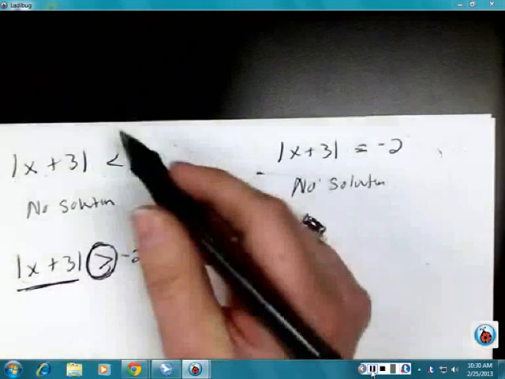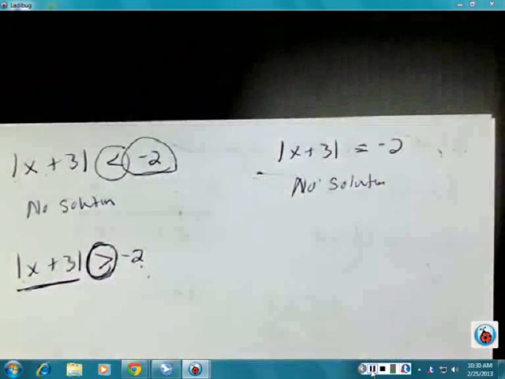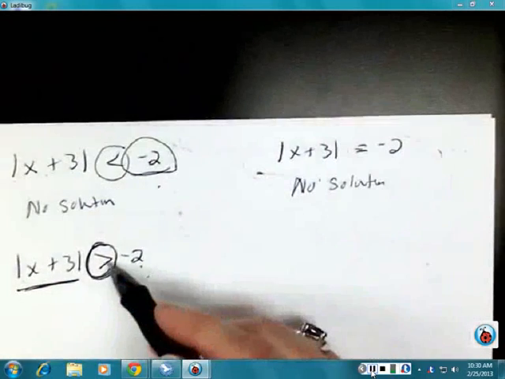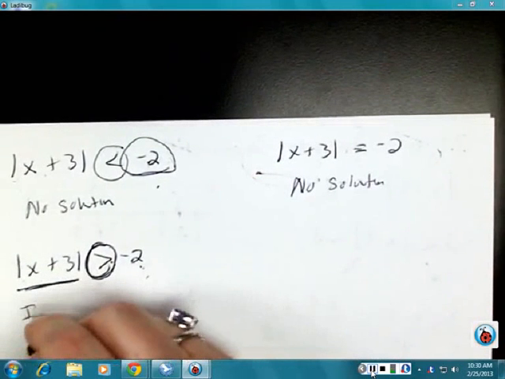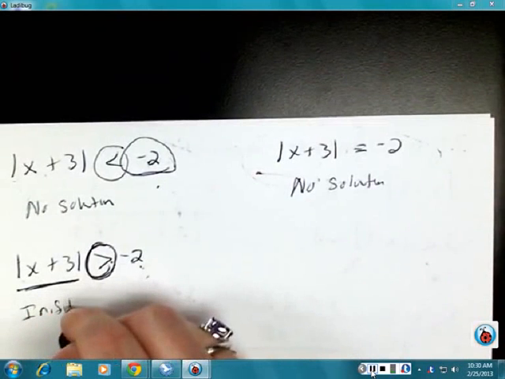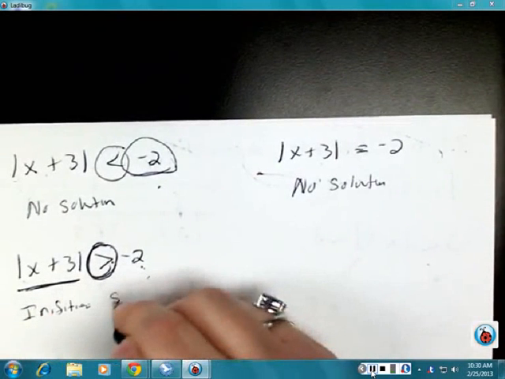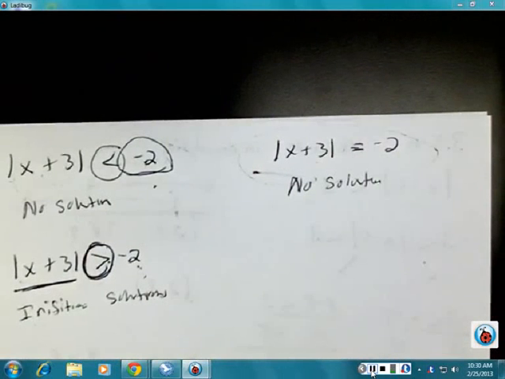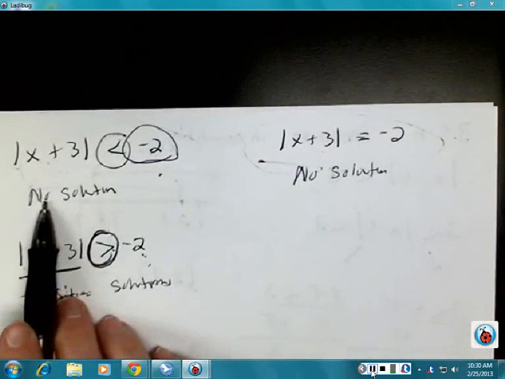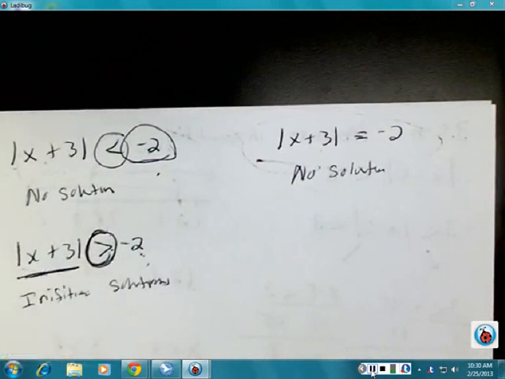If it's this side with a negative, there's no solution. If it's this greater than with a negative, there's infinite solutions, because x can be anything. Infinite solutions with that one, but no solution with this one. And I don't need to do any math connected with this because anything I put in here is going to make it bigger.